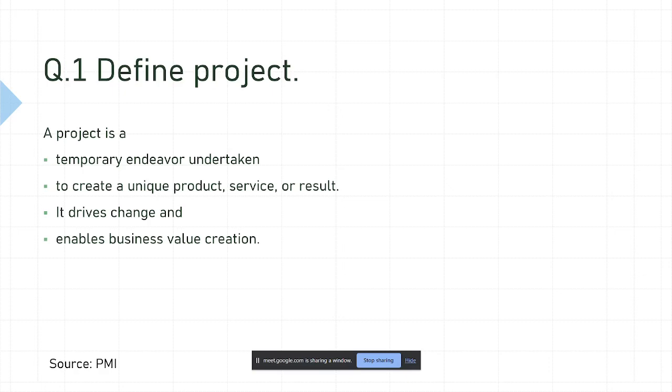This is not exactly business in the marketing sense. It is basically creating some value. It can be tangible, it can be intangible. Anything you do that brings some change, we try to make sure the change is positive. So in that way, we try to create some value. Yes, a project enables business value creation.